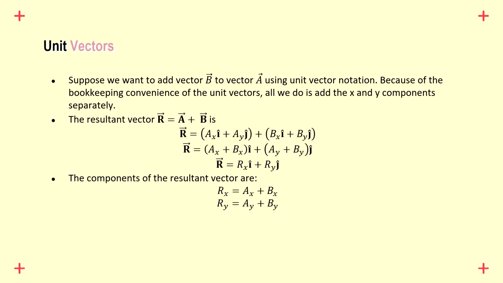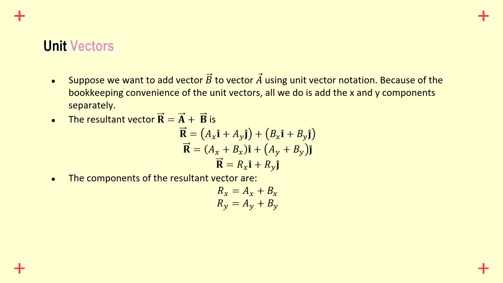The resultant is equal to rx i plus ry j, in which rx is the horizontal component and ry is the vertical component. So the components of the resultant vector are rx equals ax plus bx, or the sum of the x components of the two vectors, and ry equals ay plus by.